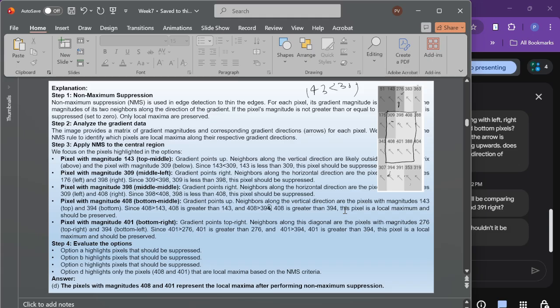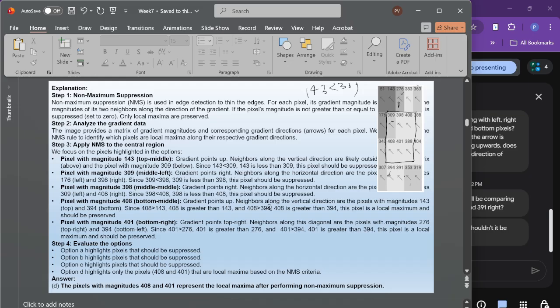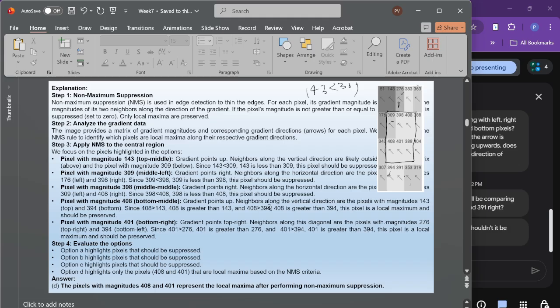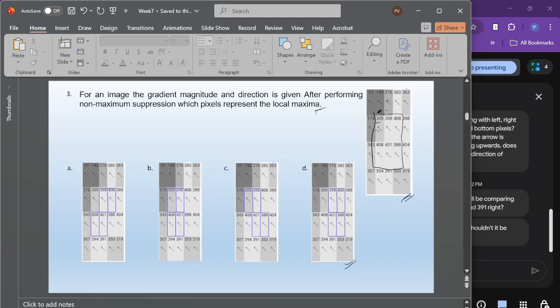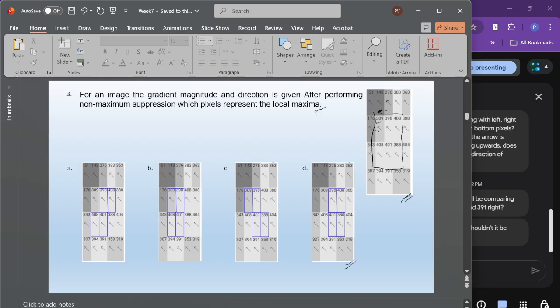If you see, this option is the correct one, option D. Just check with each one. So only this 401 is preserving the local maxima. I hope all of you have understood this question. So can we move to our next question?